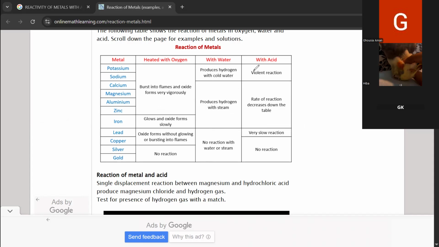Group number 1, as usual, react violently with acid, and all the rest of the elements up to lead react with acid, but the reaction gradually becomes slow, slower, slowest. In any case, when any metal reacts with acid, it will form salt and hydrogen gas.